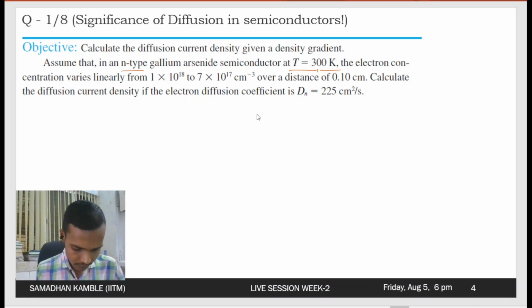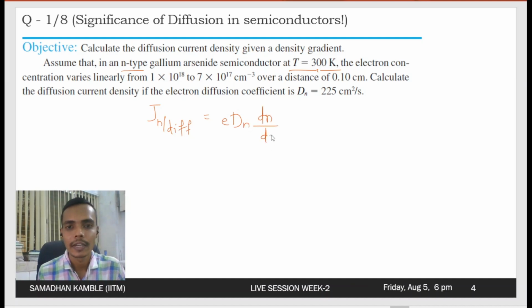We know the diffusion equation, J_n diffusion for electron we are considering here. It is e times the diffusion coefficient times the gradient of charge present. As you can see, the changes in the density and also the distance are quite small, so we can approximate it to e Dn times delta n over delta x.